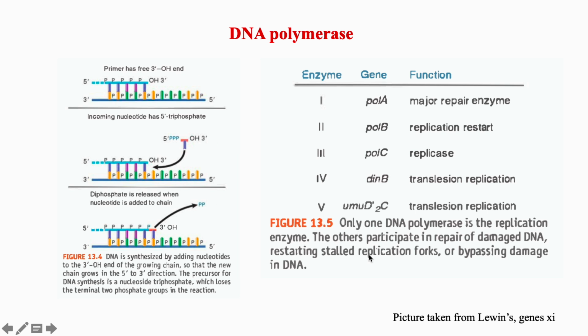All these enzymes have one thing in common: a 3 prime to 5 prime exonuclease activity. What do I mean by that? There are two types of nucleases. Nucleases are those enzymes which cleave the DNA.